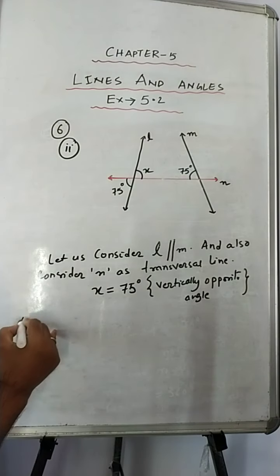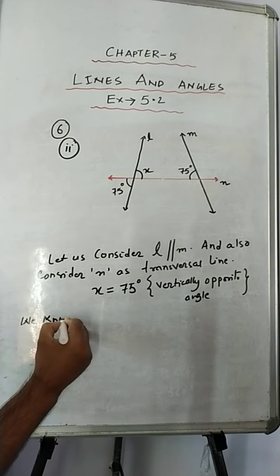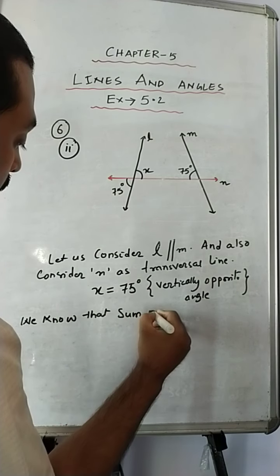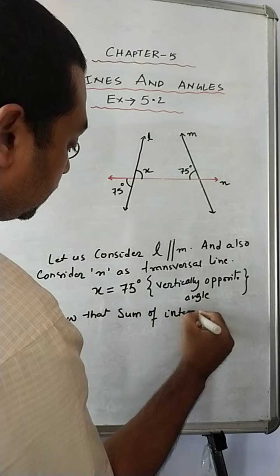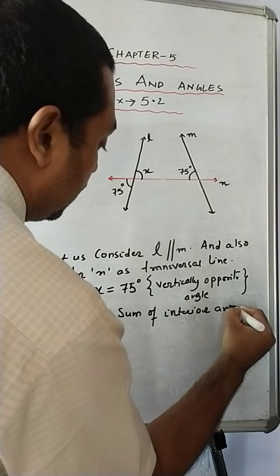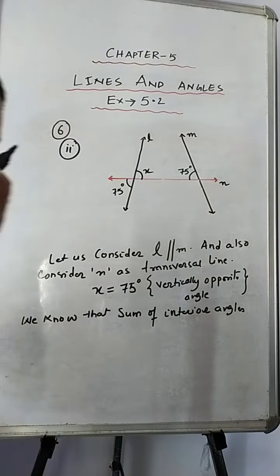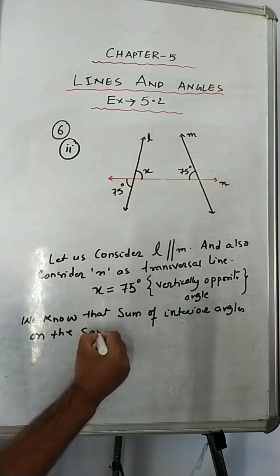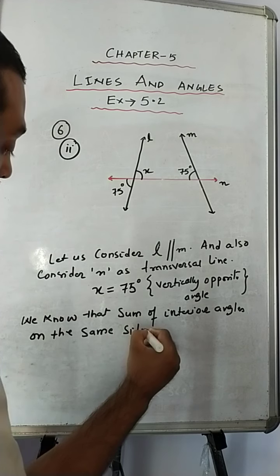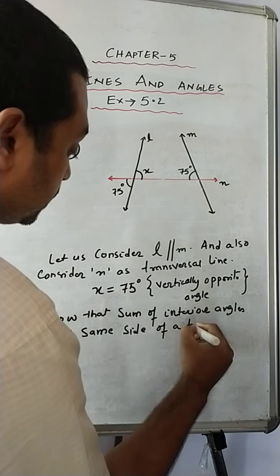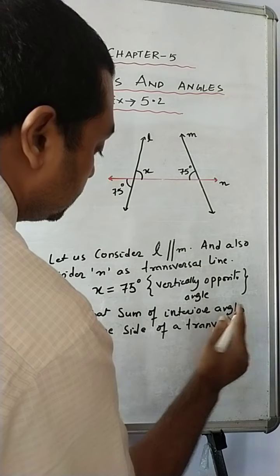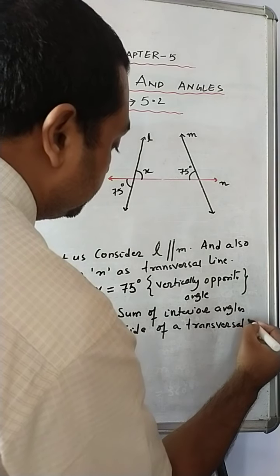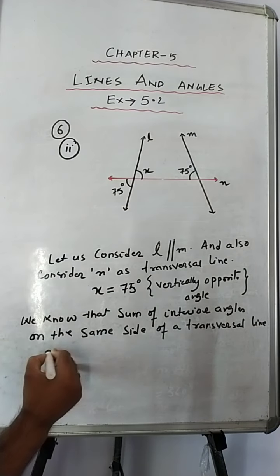That means we'll write, we know that the sum of interior angles on the same side of a transversal line is, what?